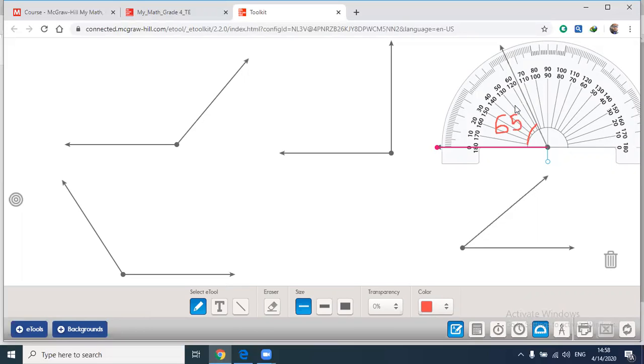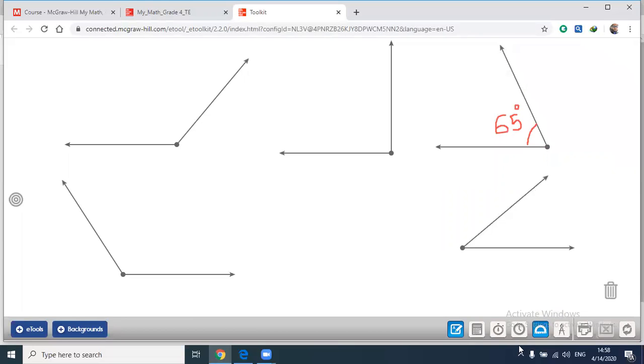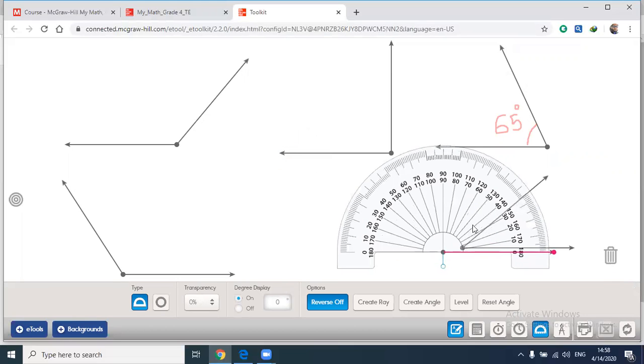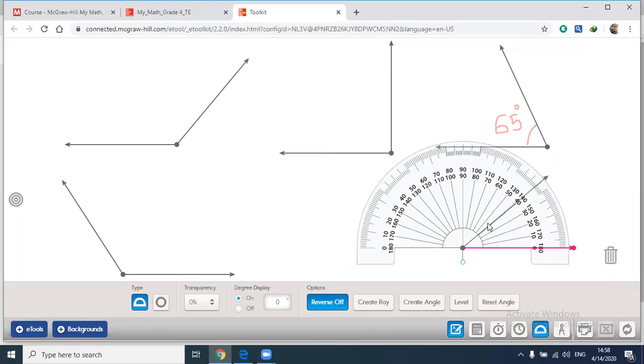You know, degree is a unit of measuring angles. Also this angle we measured before. It was 40 degrees, as you see. Count from 0, 10, 20, 30, 40.